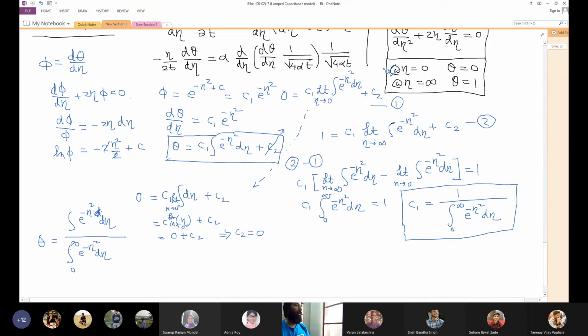And we also know that this function e to the power minus eta square d eta, at the limit eta equals 0 is 0, that we have checked here.